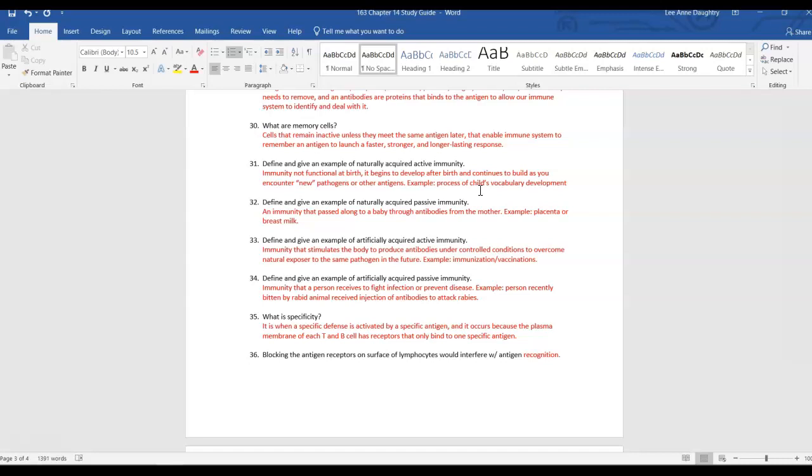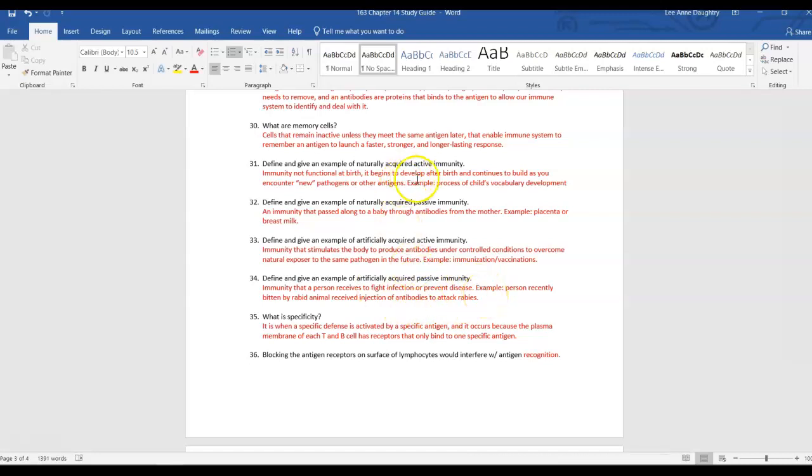So the antibodies are already active. Naturally acquired passive is when a baby will receive antibodies through the mother's milk. Perfect. Artificially acquired active is a vaccine. And artificially acquired passive would be like an injection of antibodies.